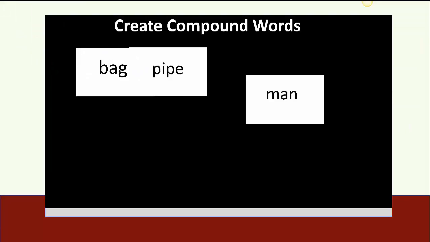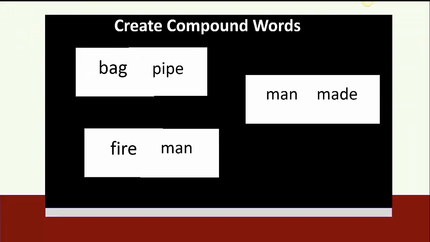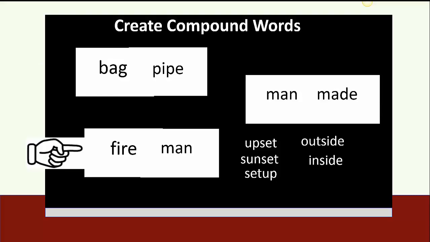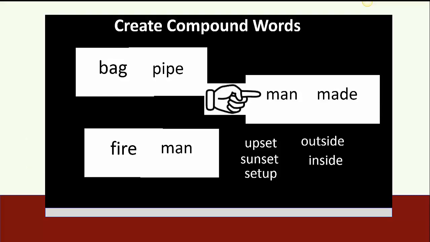Bagpipe, man-made, fireman, upset, sunset, outside, inside, and so on. You would ask the students to take turns reading the words as you point to each syllable or little word. Then you can mix the cards up and ask students to come up and make words and read them.